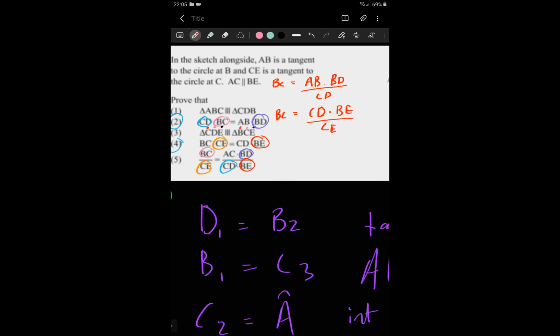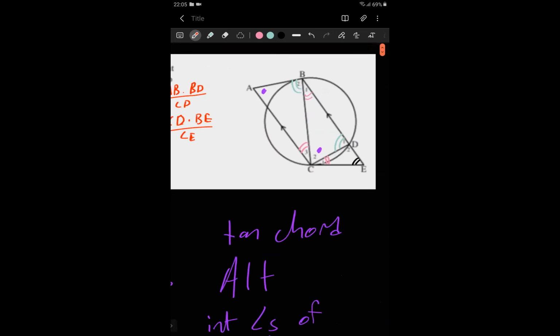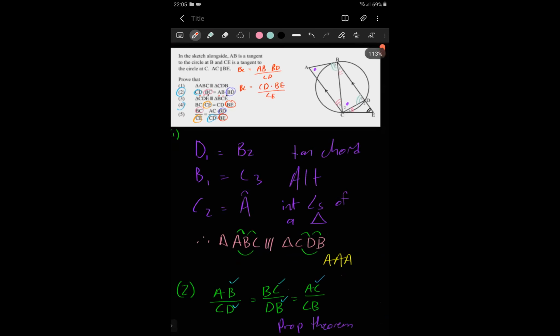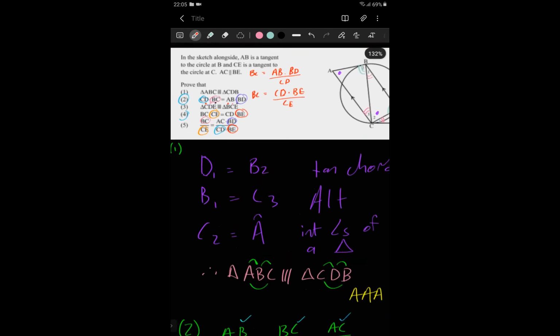Even if you make them equal, BC is a common side, so BC would just disappear. If you had made CD the subject of the formula for both of them, it seems like you still end up in the same old mess.